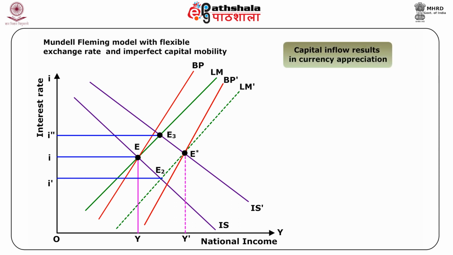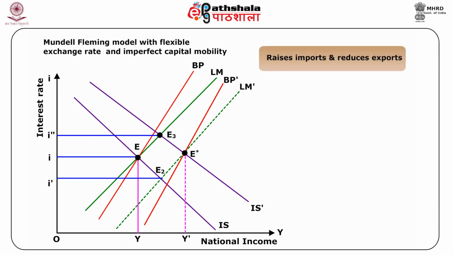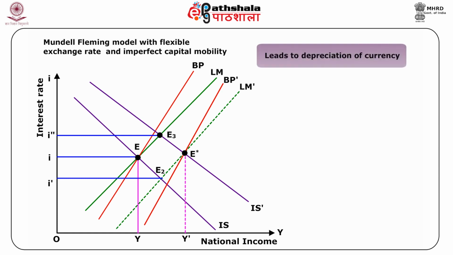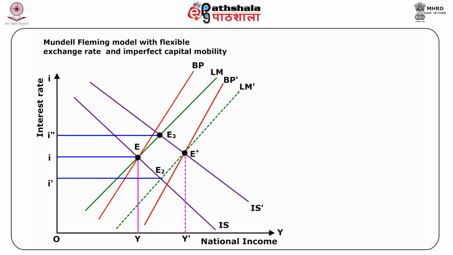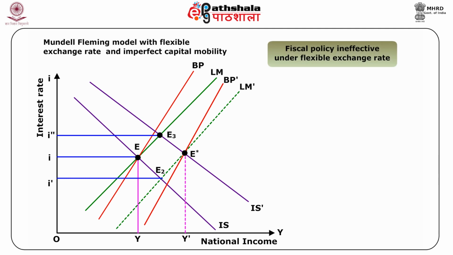There is capital inflow, which results in currency appreciation. This in turn raises imports and reduces exports and leads to depreciation of currency. And IS dash is shifted back to the IS curve. So again the equilibrium point E is attained. Thus, fiscal policy is ineffective under the flexible exchange rate.